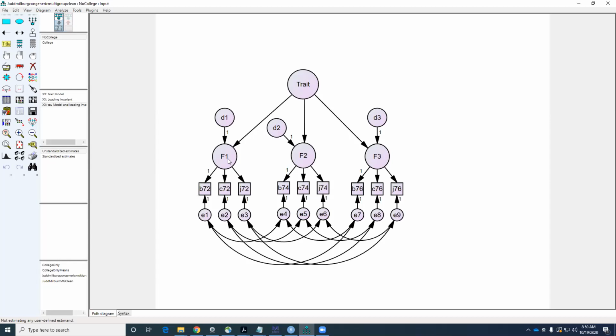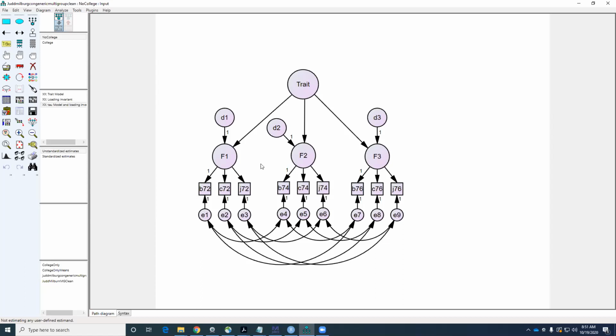First of all, these 3 factors are now endogenous. So I can't come in and say I'm going to fix one of these disturbances to 1 to identify the model. If I'm playing with lavaan or Amos, I'm going to have to fix one of these loadings to 1 to make this factor identified.